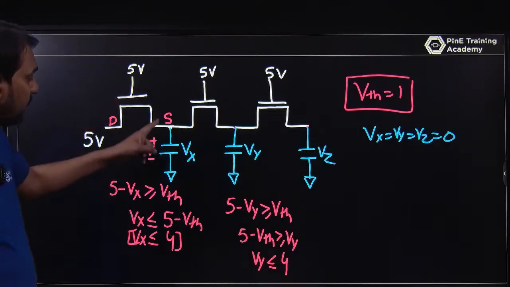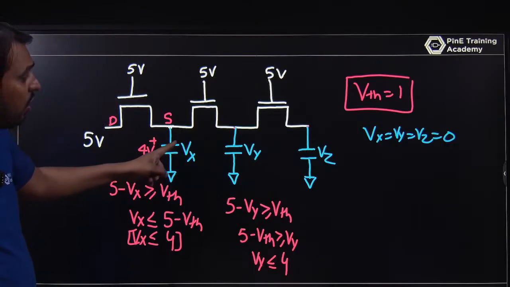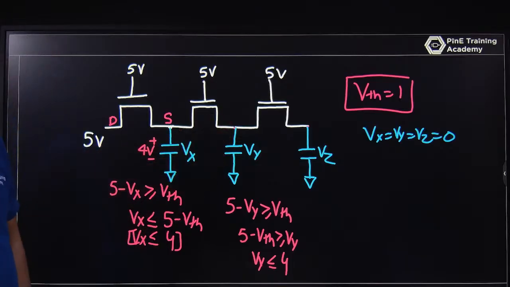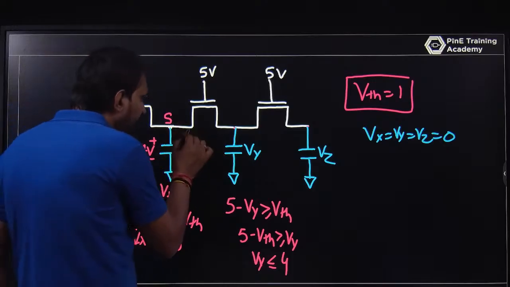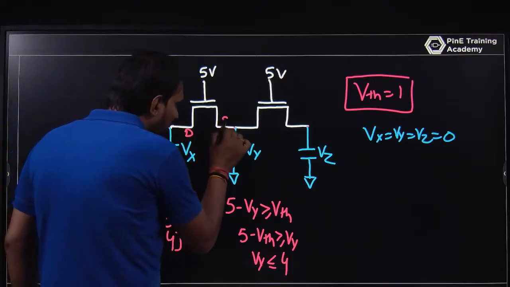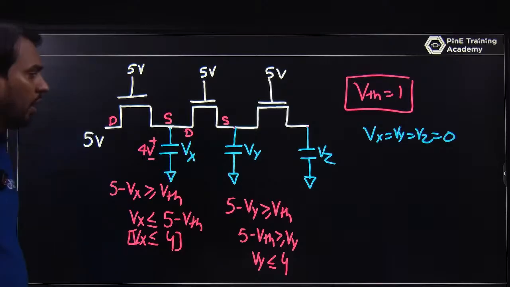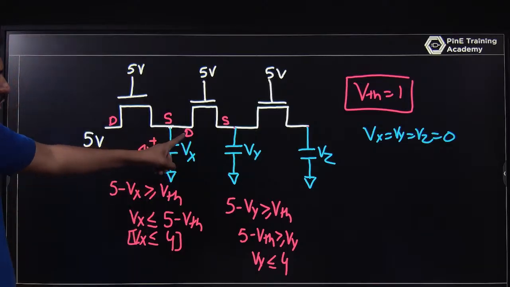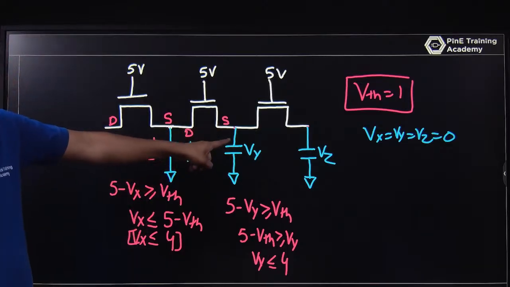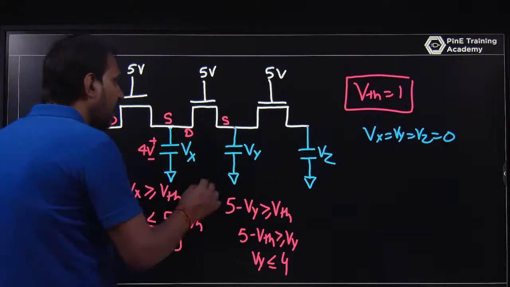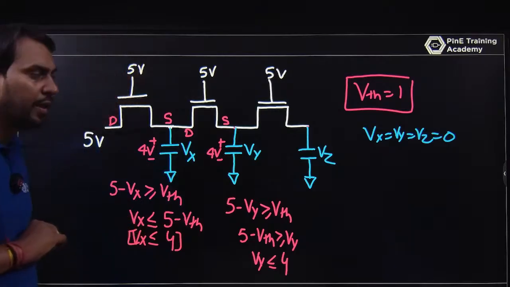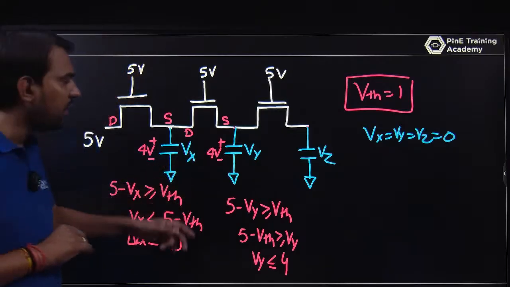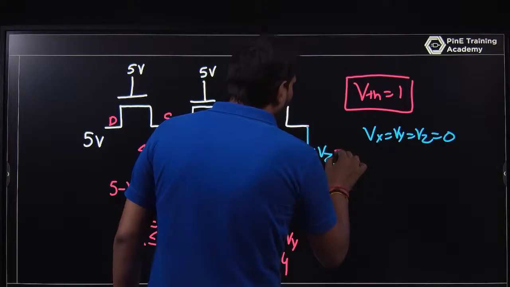Since Vx is 4 volt, this can be 4 volt, because it is the drain for this MOSFET, and this is the source of this MOSFET. The drain is 4 volt, so Vy can be 4 volt. Similarly this Vz can also be 4 volt.